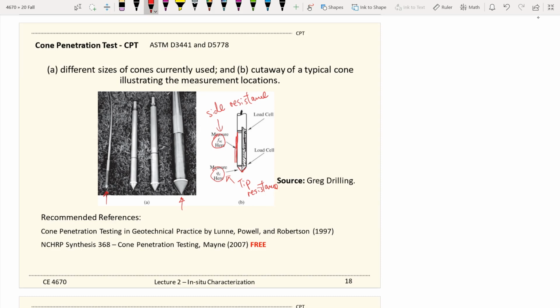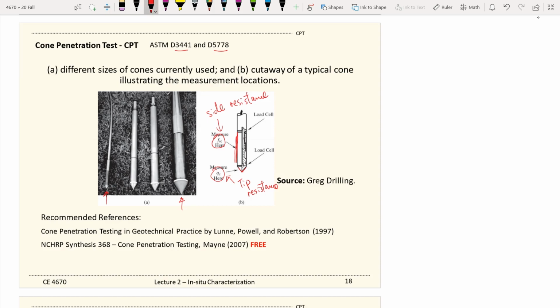The ASTM standard references for this test, which I should have made available on Canvas, are D3441 and also D5778. There are many good references out there for CPT testing, and there are two good ones.